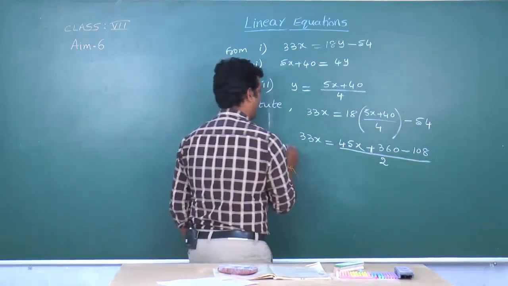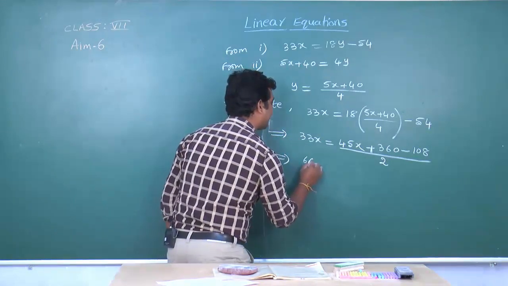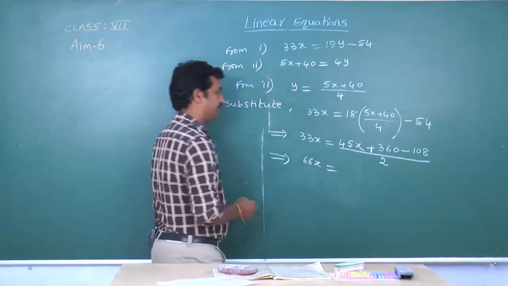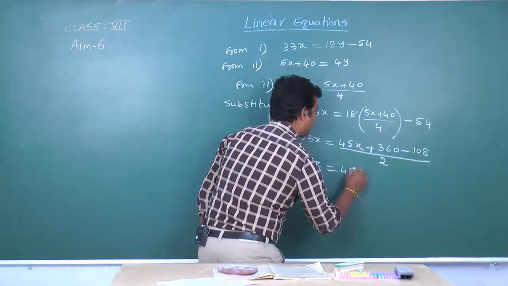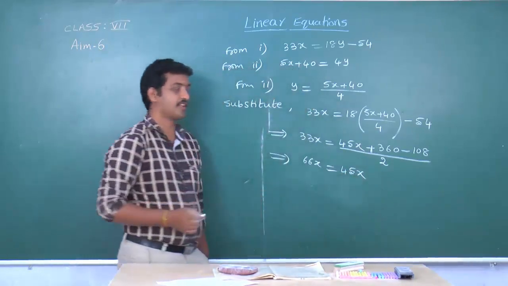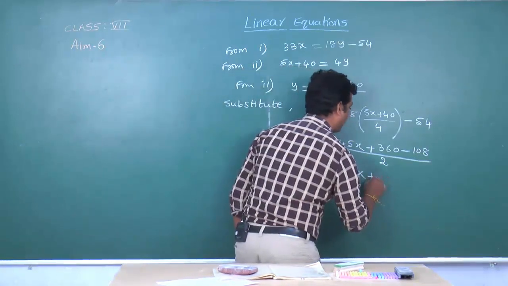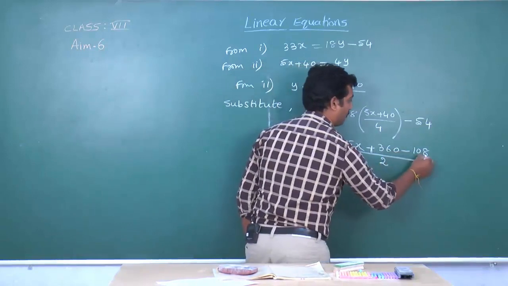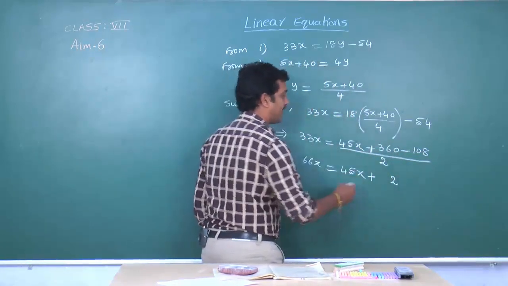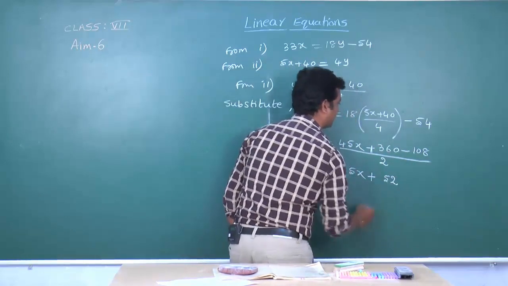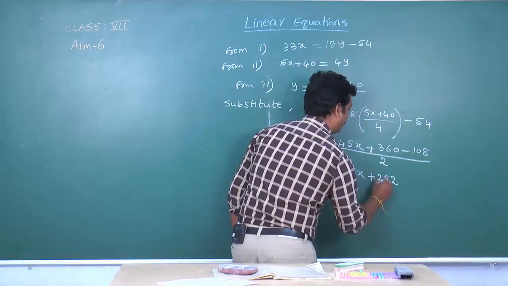Now it becomes 66x is equal to 45x plus 360 minus 108, which is 252.